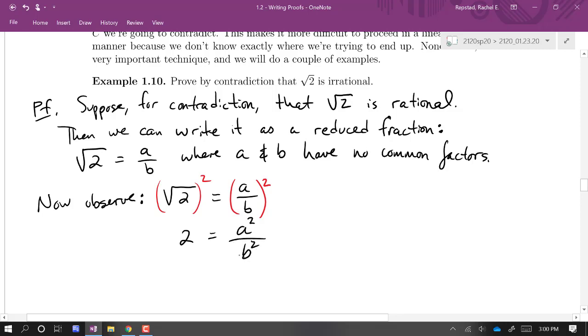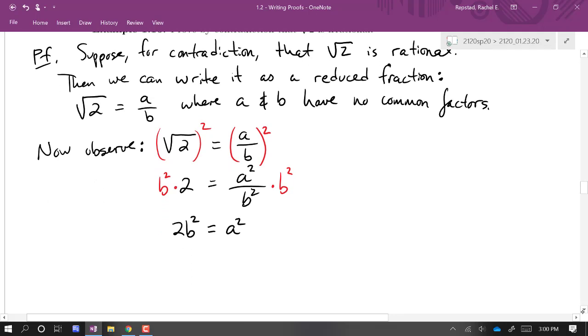Now, I want to work with integers, not fractions. What can I do? Multiply by the denominator. Let's just clear denominators. So we have 2b squared equals a squared.